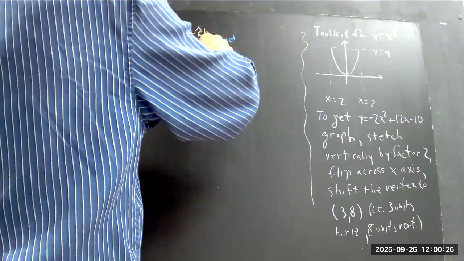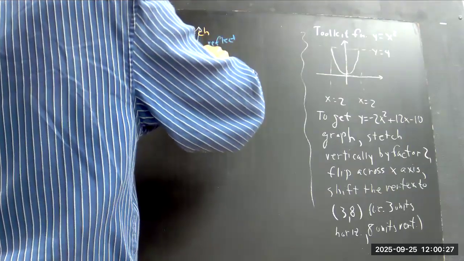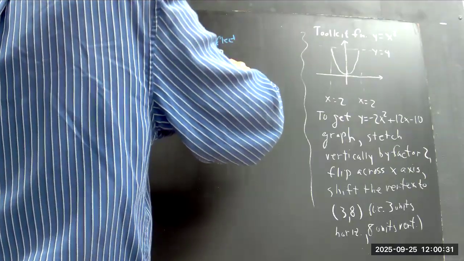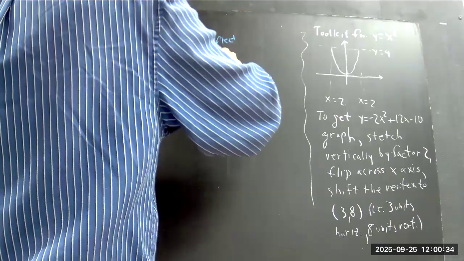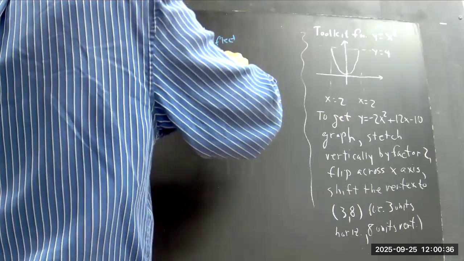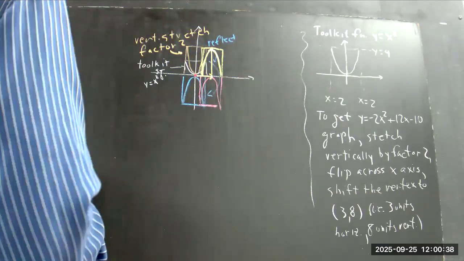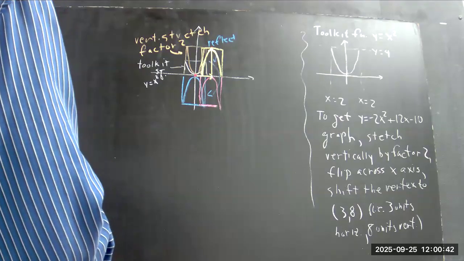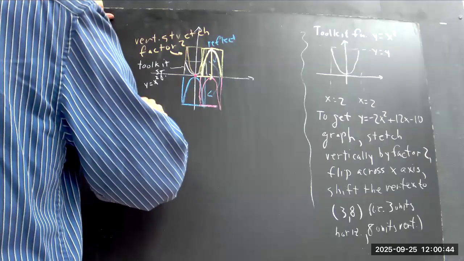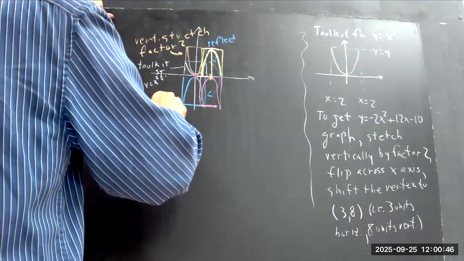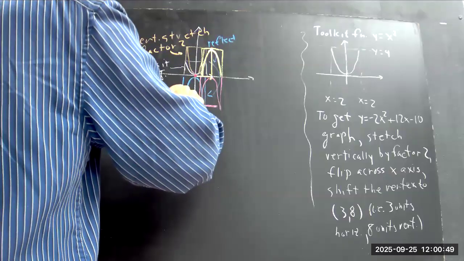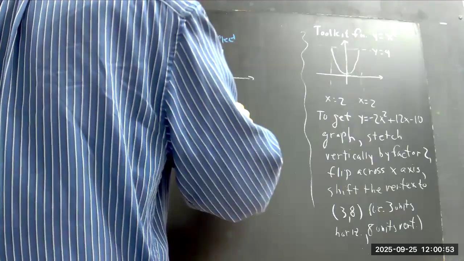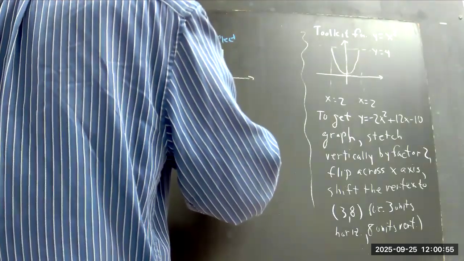So I flip it up, and I've got this yellow rectangle here, and here's my actual graph. So here it is flipped, reflected. Here it is in this pinkish red color.